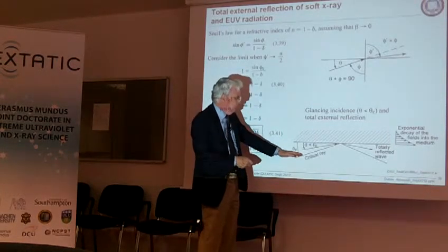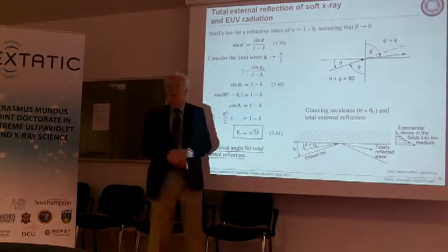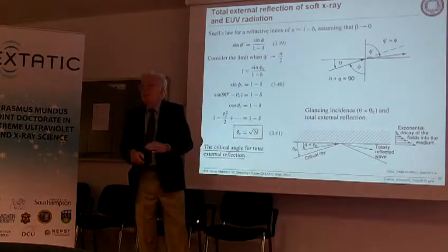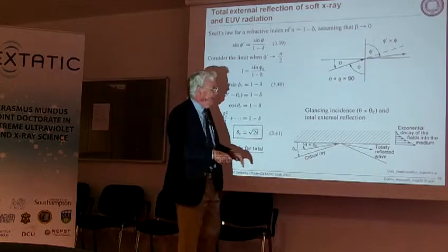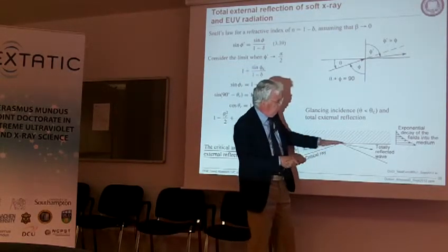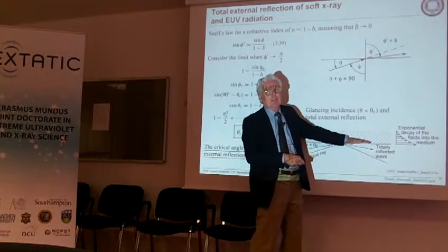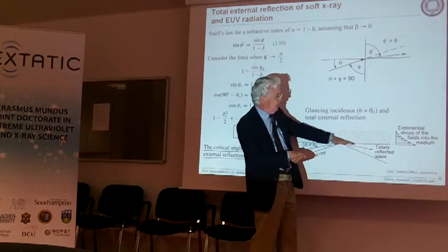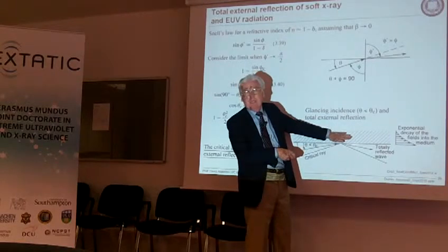And you might ask, well, what happens if I go a little bit less than the critical angle? What actually happens, if you look at it in detail, is that at the critical angle, although the wave is propagating along the interface, there's an exponential decay into the medium.